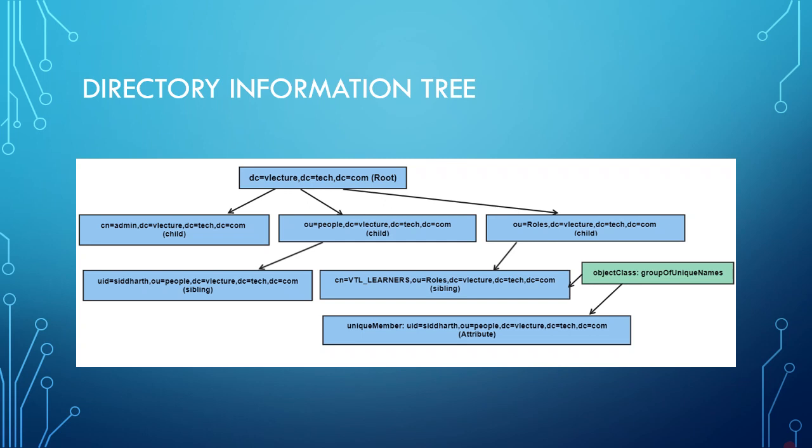So it has an attribute called uniqueMember, and to that attribute we are adding the DN of a user. Here I am adding the DN of the user Siddharth to this role VTL underscore learner. This role is created using an object class of type groupOfUniqueNames, and uniqueMember is the attribute of the object class that holds the unique members of the role.